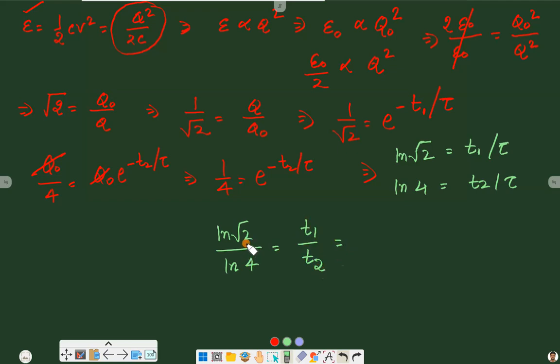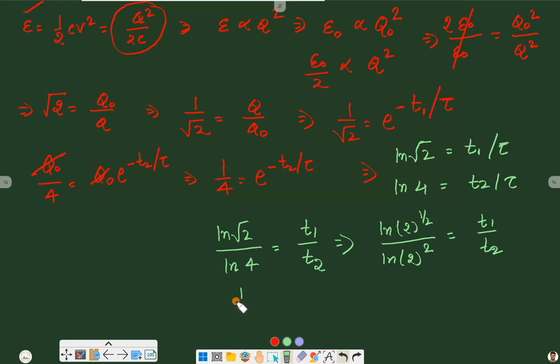Now we know the property of ln, that the powers we can adjust in case of ln. So this is ln 2 raised to power half, and this will be ln 2 raised to power 2. So this is t1 by t2, and both of these powers will come outside.